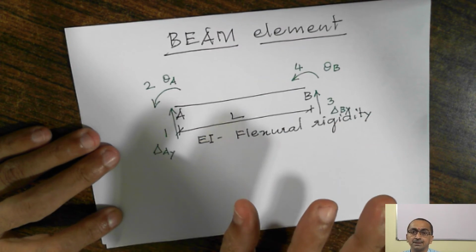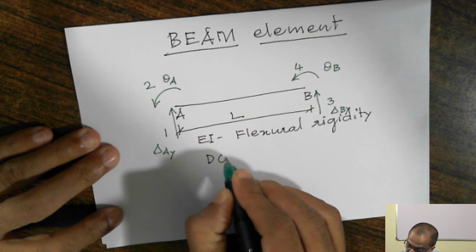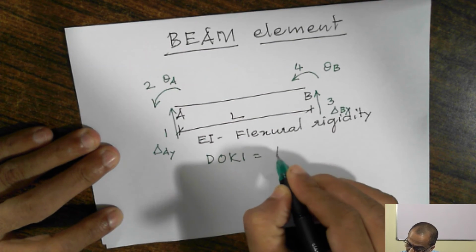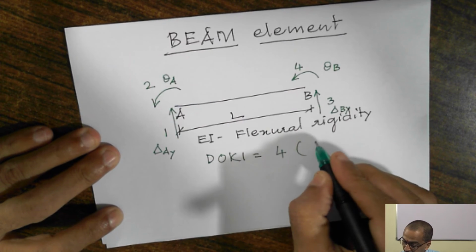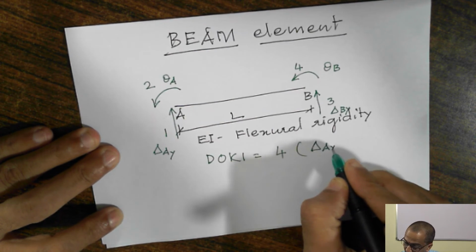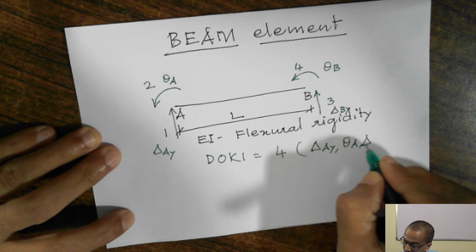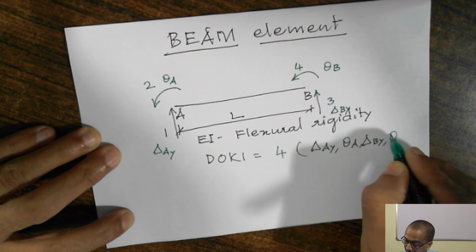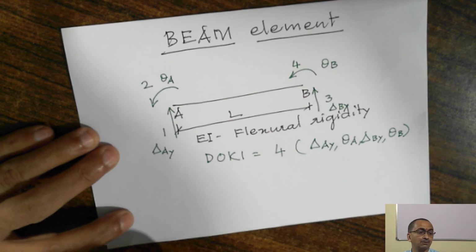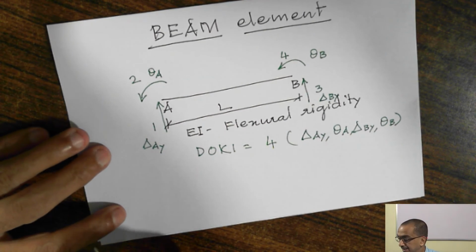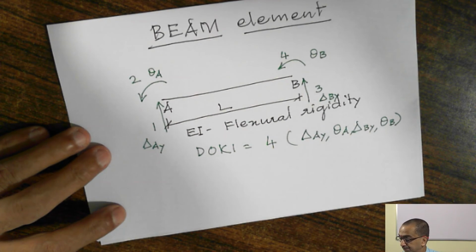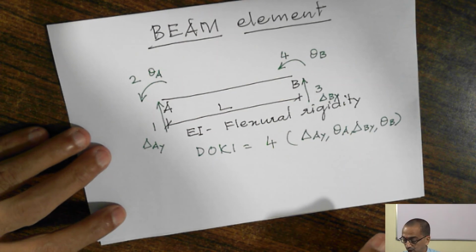So the degree of kinematic indeterminacy of the beam element is 4: delta AY, theta A, delta BY and theta B. Deflections are always taken upwards and rotations always anticlockwise for our beam element.